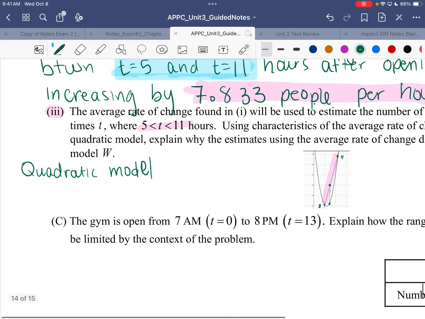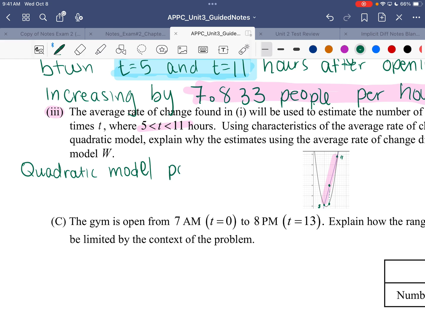So since we have a positive coefficient, it's opening upwards.